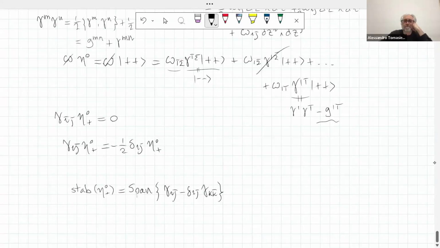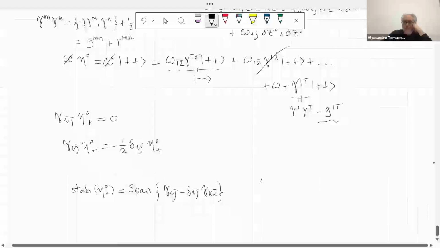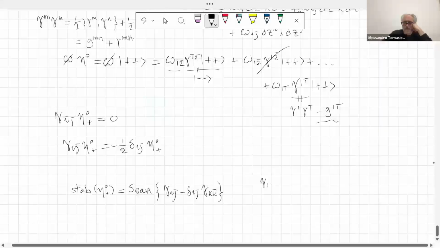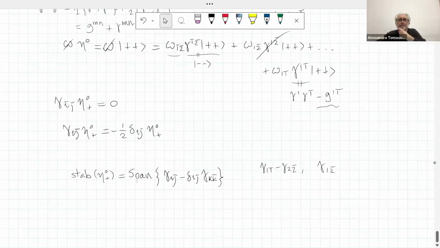So we can take, for example, gamma 1 bar minus gamma 2 bar and gamma 1 bar. These are 2 objects that belong here.